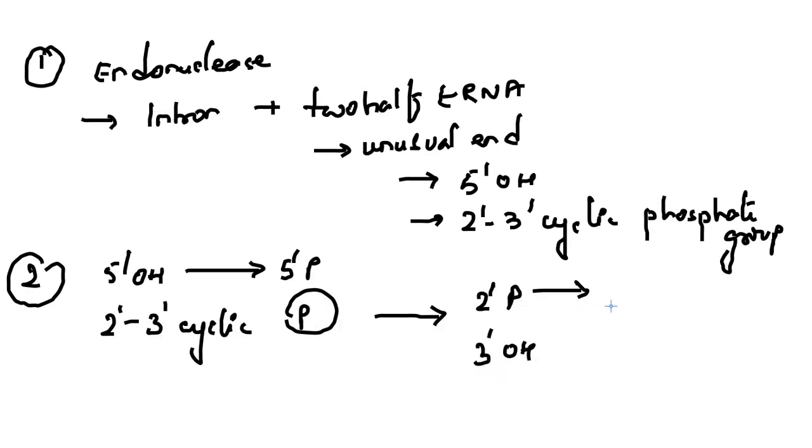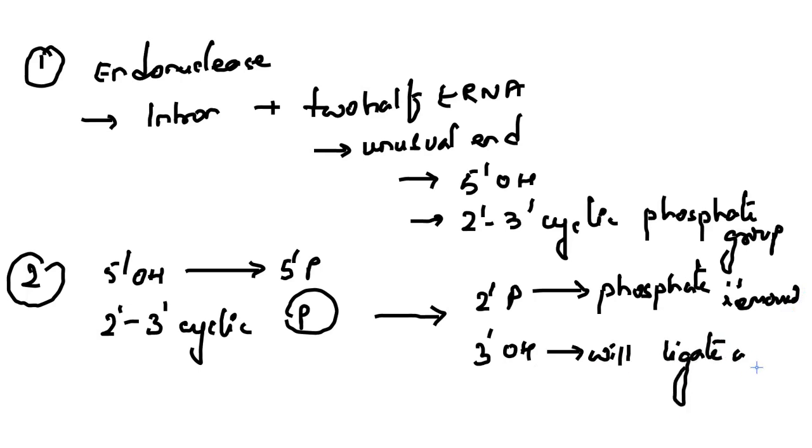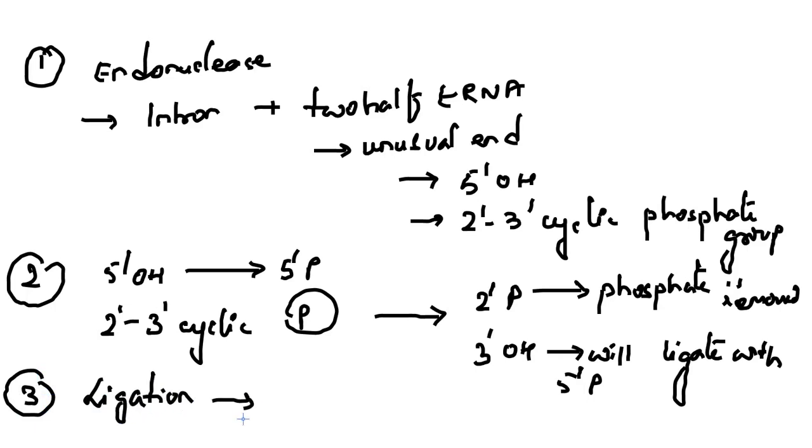Then the phosphate is removed from the 2' position, and this 3' OH will ligate with the 5' phosphate. The last step, step 3, is ligation, in which the 5' to 3' bond is formed, as a result of which mature tRNA forms.